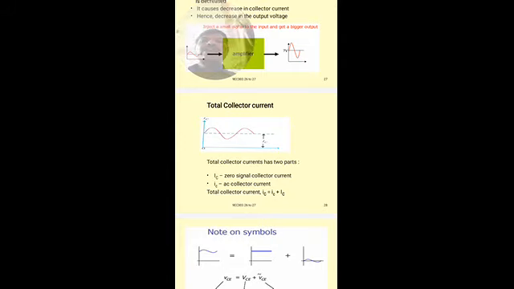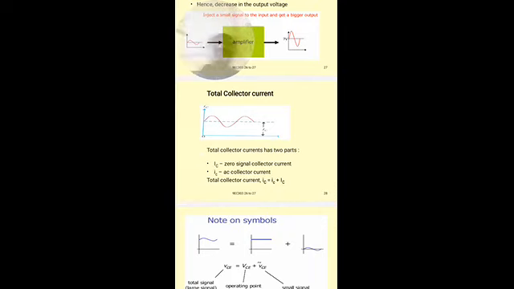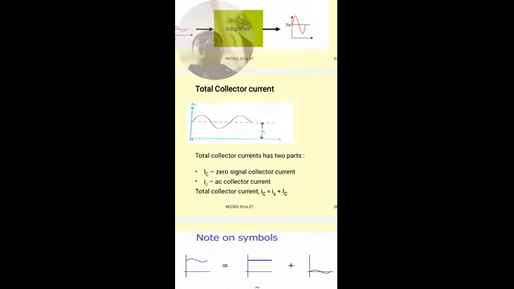So the total collector current, small i capital C, is the sum of the AC collector current, small i subscript small c, plus the DC value of collector current, that is capital I capital C. So that is represented in this waveform.